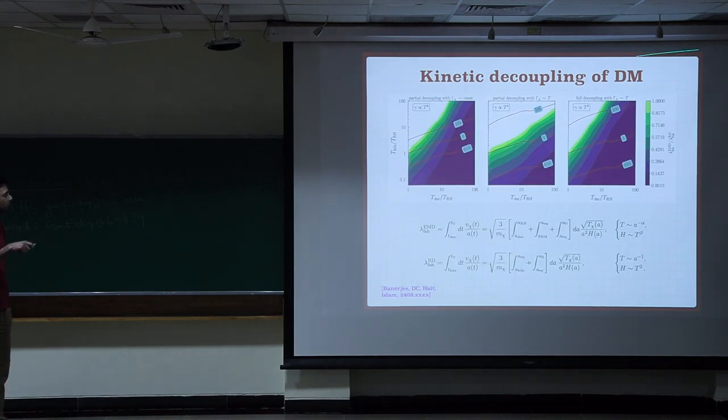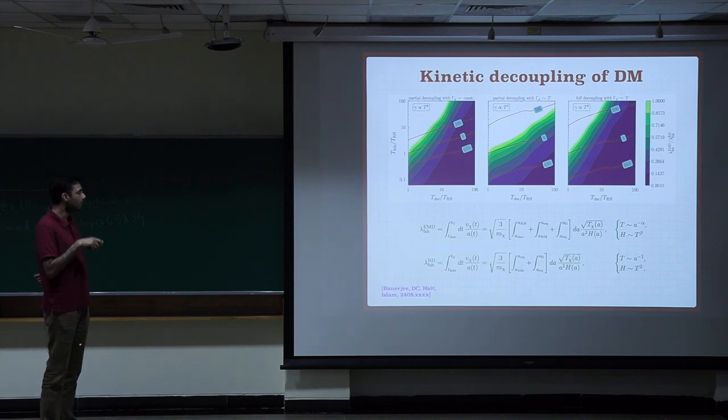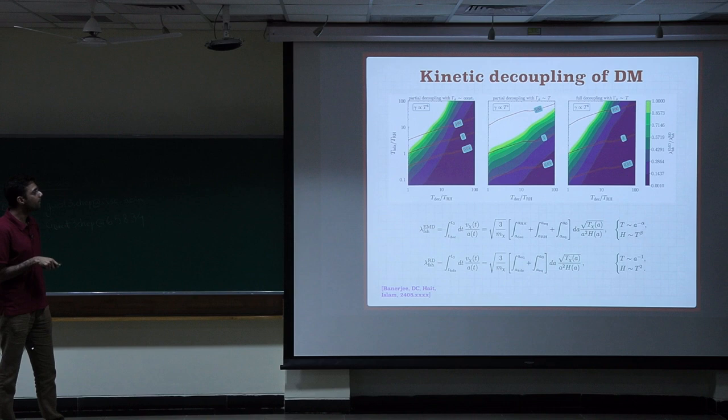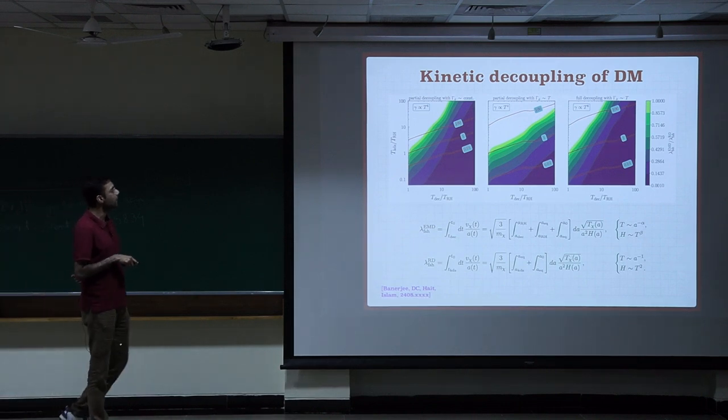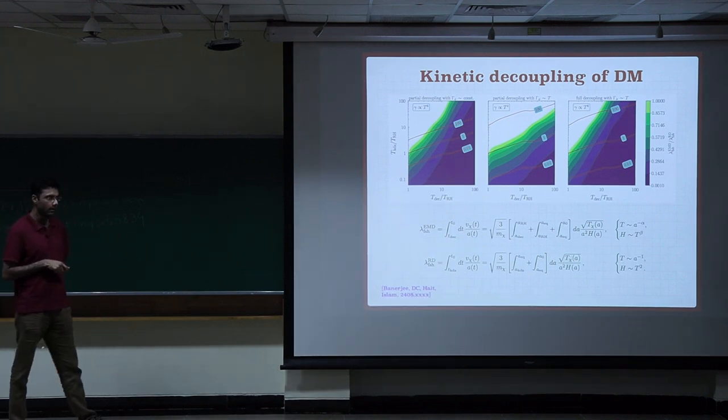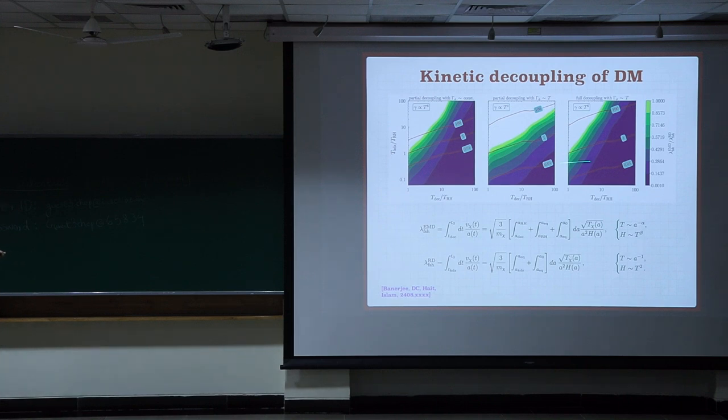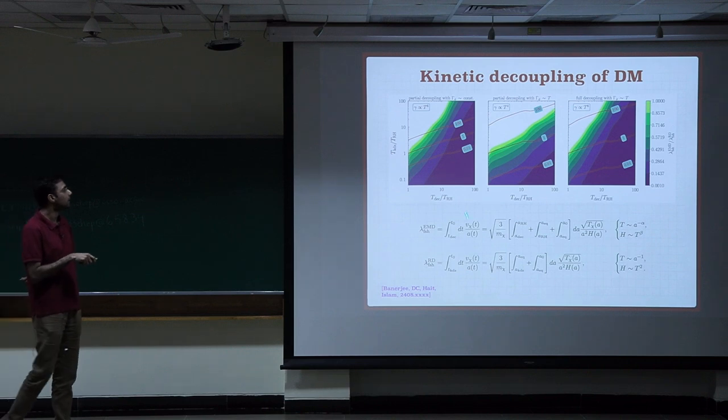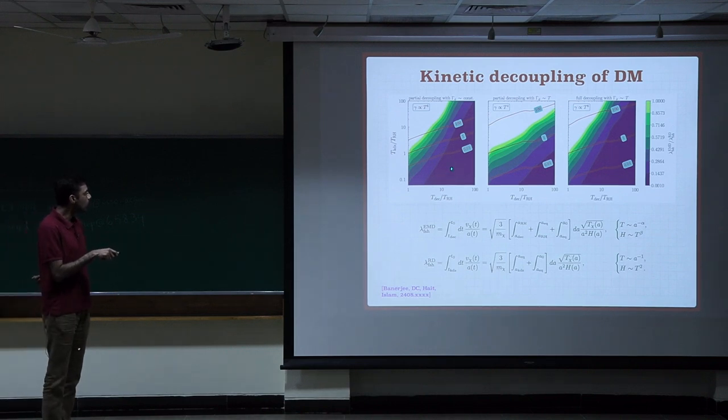This we have also shown in this panel, where these different colored bands are nothing but the free streaming length in the matter era versus radiation era, and as you see, we only plotted the ratio where these bands are less than 1.